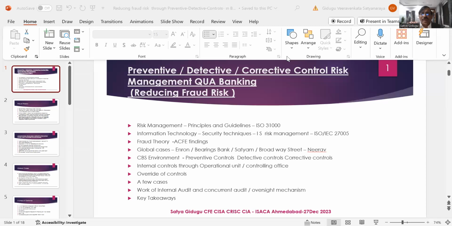Actually, our parent body is the Institute of Internal Auditors, but we have grown much bigger than the parent IIA. A part of the technology-driven people in the Institute of Internal Auditors were EDP auditors.